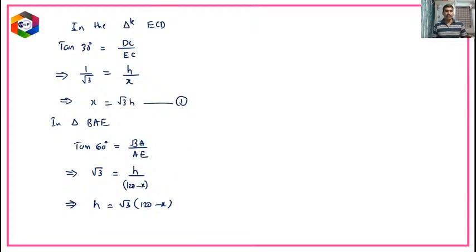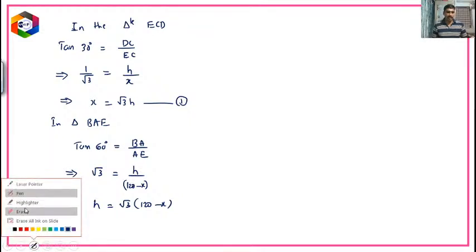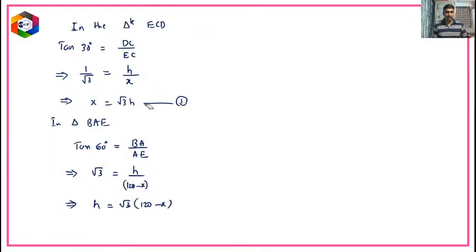Okay. So here x is equal to root 3 h. From this one more point I am going to calculate here, children. So h value I am going to write. Because in both the cases, what is the h value? h means x by root 3.